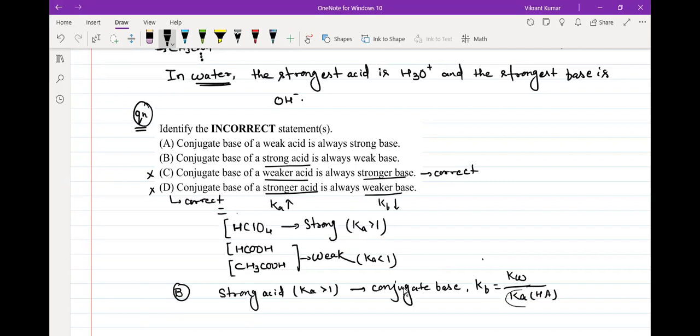And if the denominator is greater than 1, then this whole thing will become less than Kw. And what does less than Kw mean? At 25 degrees, it has become less than 10⁻¹⁴. It's weak, so it will always be weak. And that's why this is also a correct statement. So not our answer.